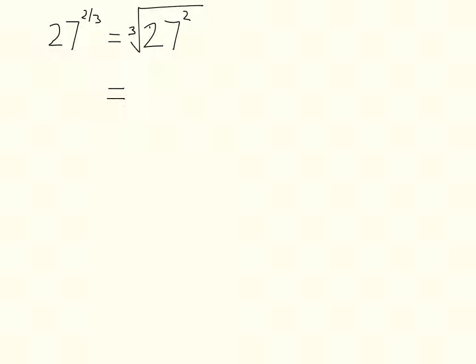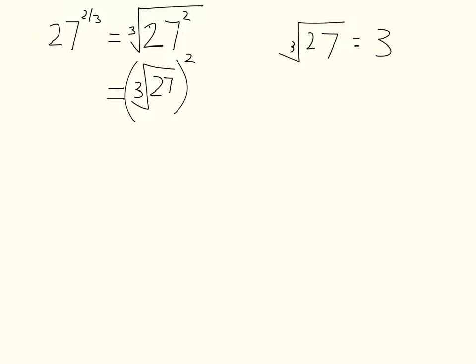So this problem will just become, I could write it as the cube root of 27 squared. I can write that power outside if I would like, which is 3 squared, which is 9. You can use your calculator to confirm that.